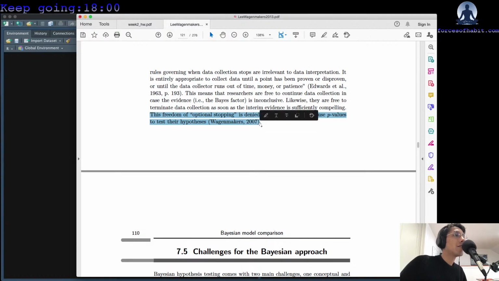In fact, there are many procedures that we now use to help mitigate this hidden degree of freedom in frequentist hypothesis testing, where people can add additional information until their p-value reaches some threshold.